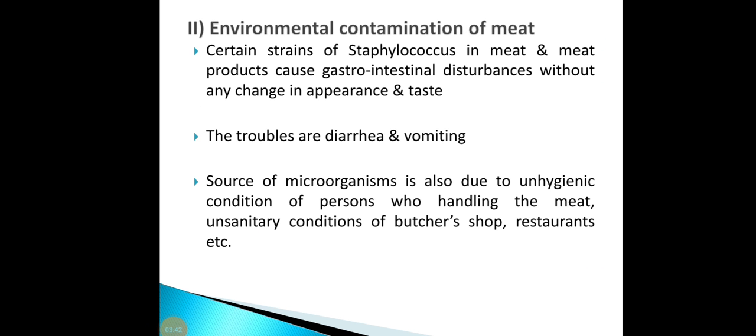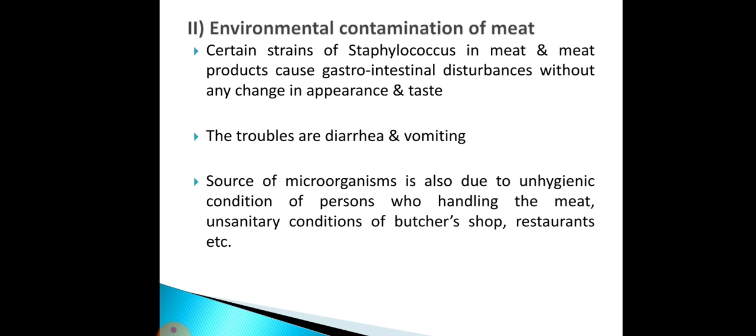Then environmental contamination of meat. We'll discuss how the environment contaminates the meat. Certain strains of staphylococcus in meat and meat products cause gastrointestinal disturbances without any change in appearance and taste. The troubles are diarrhea and vomiting.